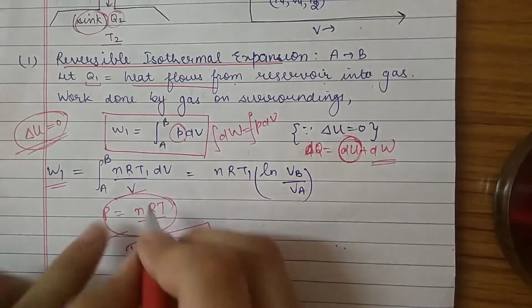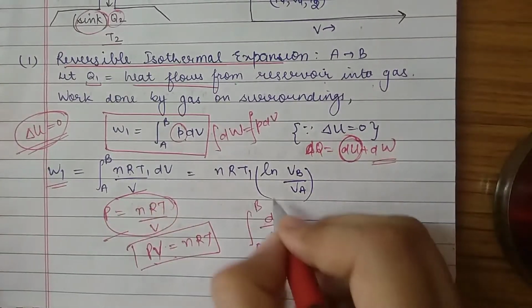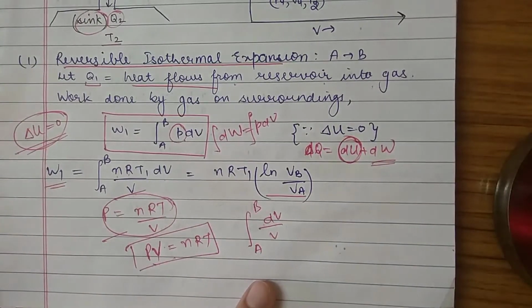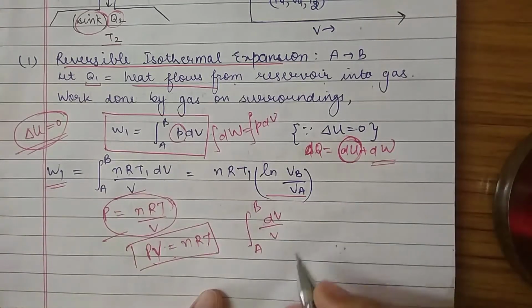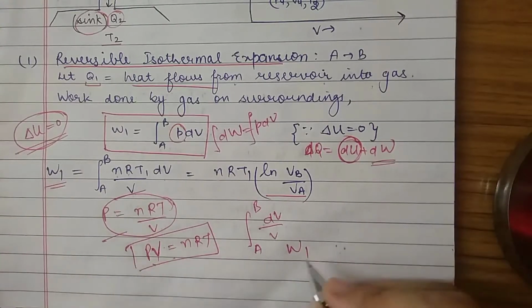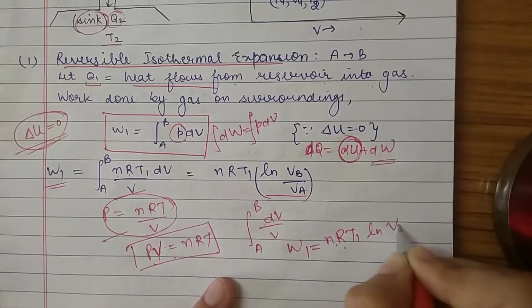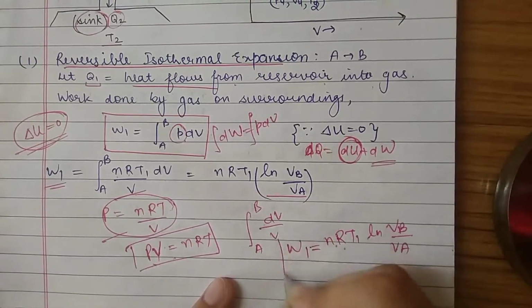Now integrating dV by V in limits A to B, we get log Vb by Va. So the work done by the gas in reversible isothermal expansion is W1 equal to nRT1 log Vb by Va.